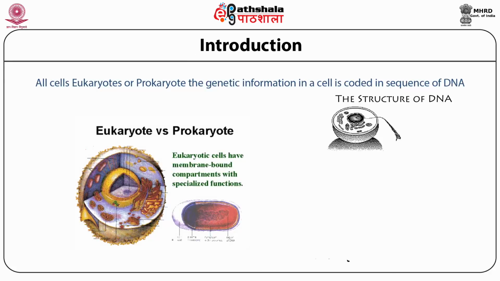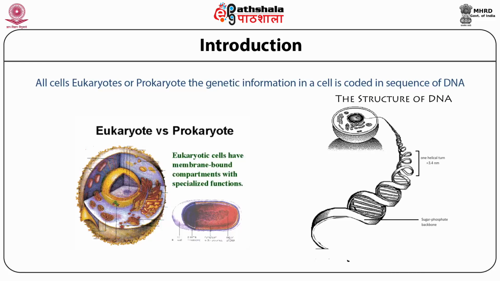All cells, whether eukaryotes or prokaryotes, have genetic information, and this genetic information is coded in the sequence of the DNA molecule in terms of 4 nucleotide bases: adenine, guanine, thymine, and cytosine.